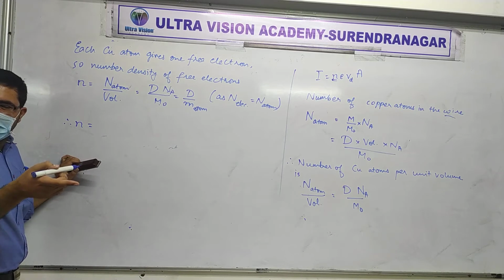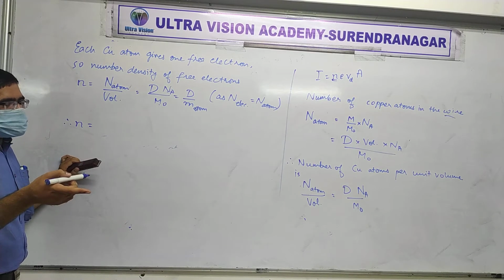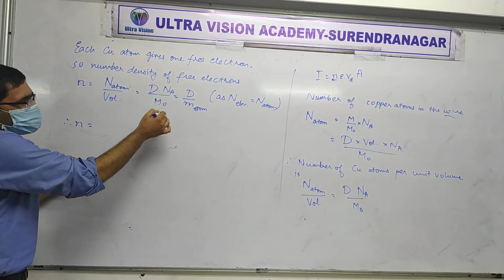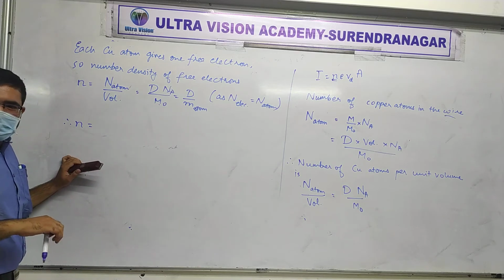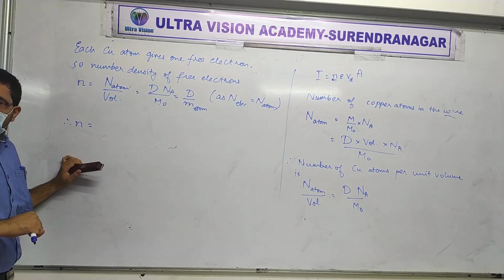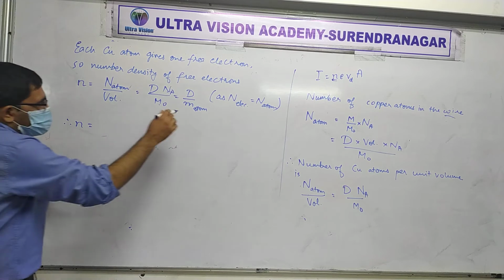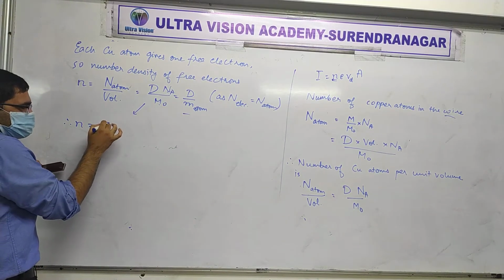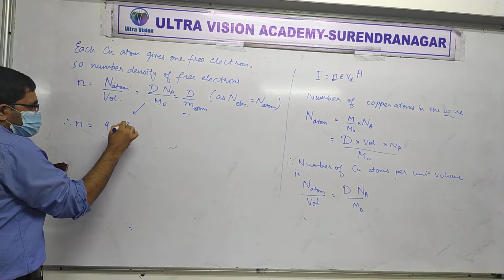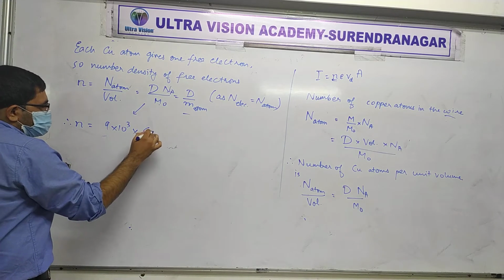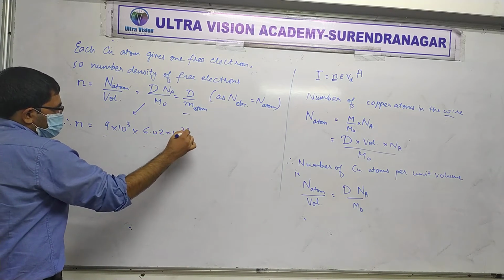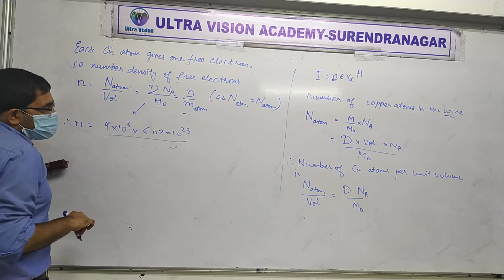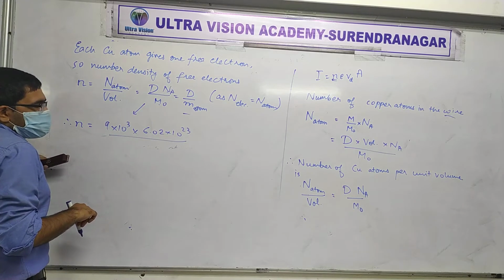Mass of Avogadro number of atoms is called molar mass. So if you do M0 upon Na, what do you get? Mass of one atom, yes or no? Yes. This is one way to do it. But personally I find this easier. What is the density given? 9 into 10 raised to 3. Avogadro number you know, 6.02 into 10 raised to 23, divided by molar mass of copper. How much?